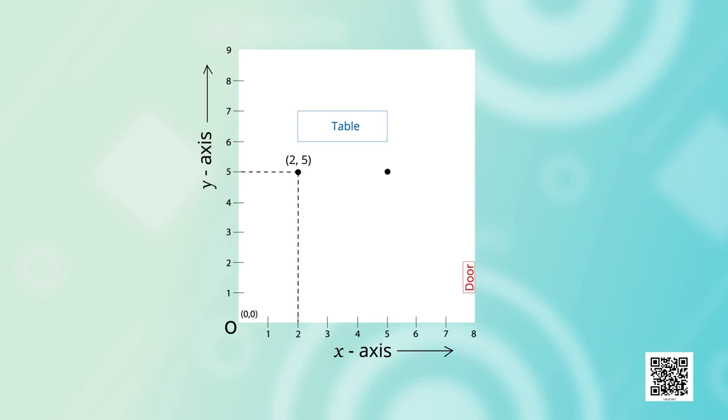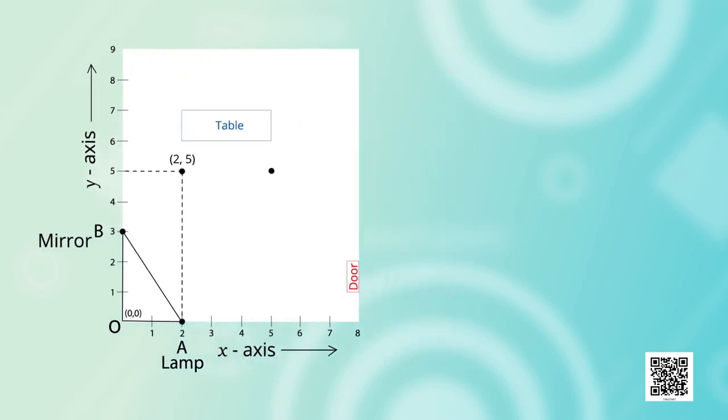Seema wants to know what is the distance between points A, where she wants to keep a lamp, and point B, where she plans to keep a mirror. Let us help her by using coordinate geometry. Clearly, AOB is a right-angled triangle. So, we can use Pythagoras property here.